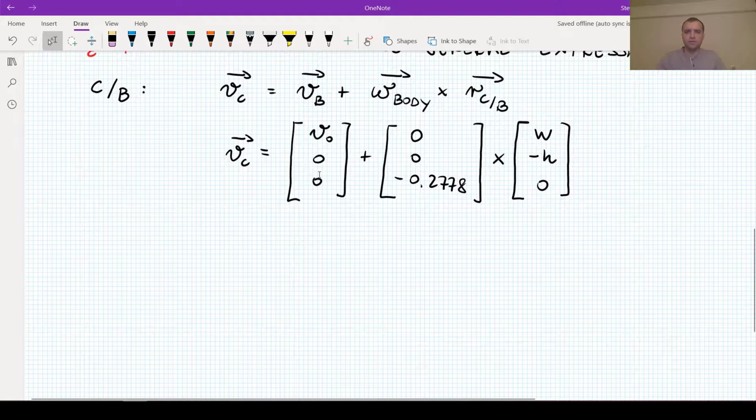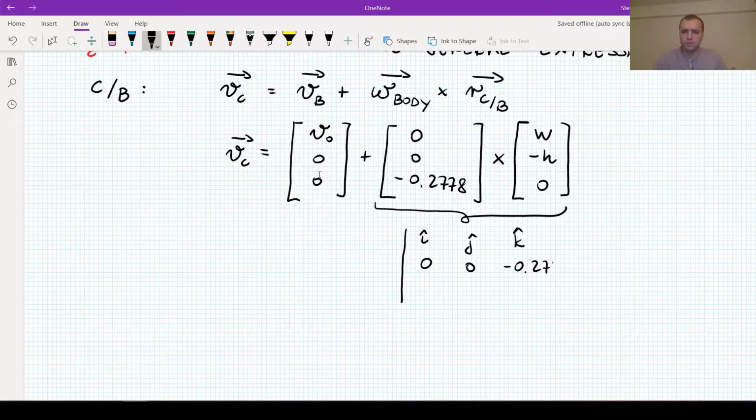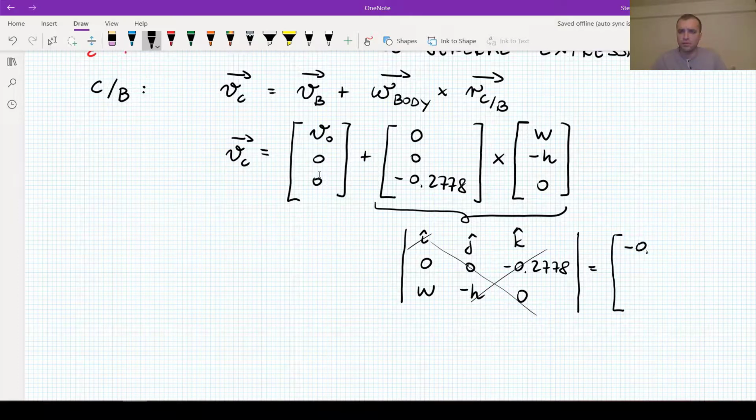Let's figure out this value right now. This will be determinant of i, j, k, 0, 0, minus 0.2778, w, minus h, 0. And this will be minus 0.2778 h, minus 0.2778 w, and 0.